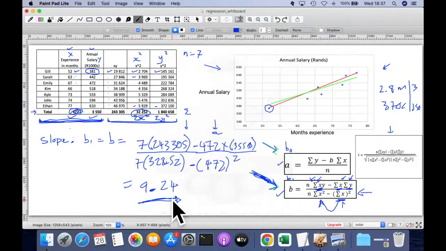I've shown you the long way to work this out. Now, the shortcut is you can pull this value from your calculator. You'll press Shift 1, and then choose the option REG, regression.